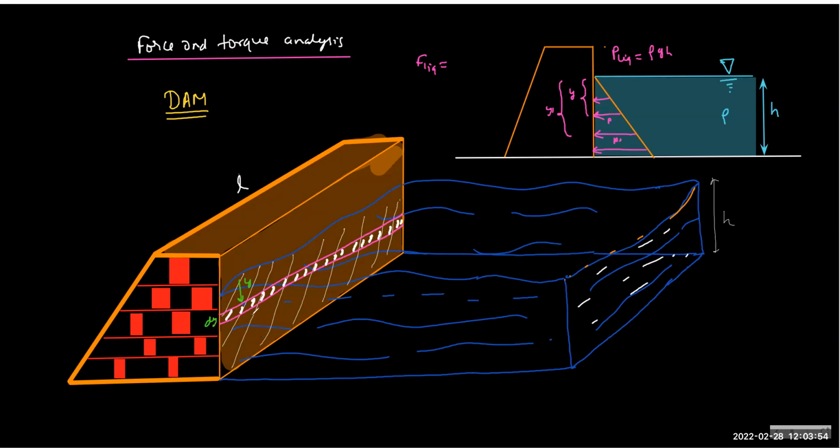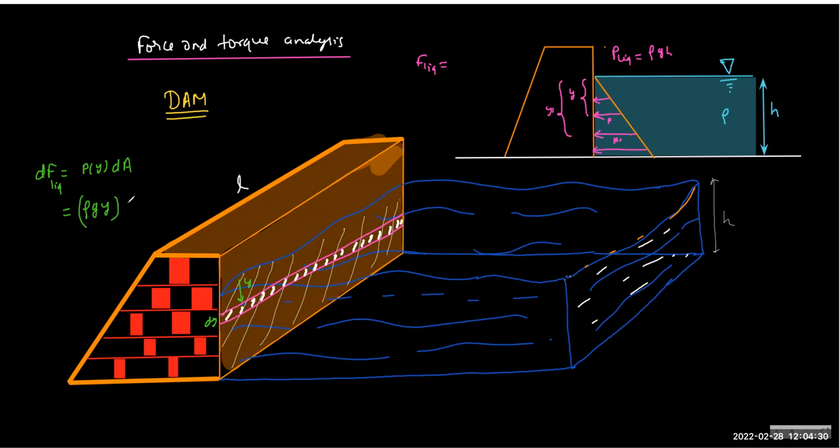Once you go y below, you can easily see the entire strip will have the same pressure, and therefore you can add the force dF. So dF will be how much, tell me guys? What is dF liquid? Force equals pressure into area. Yes. So what is the pressure? For the entire strip, the pressure is the same, rho gy.